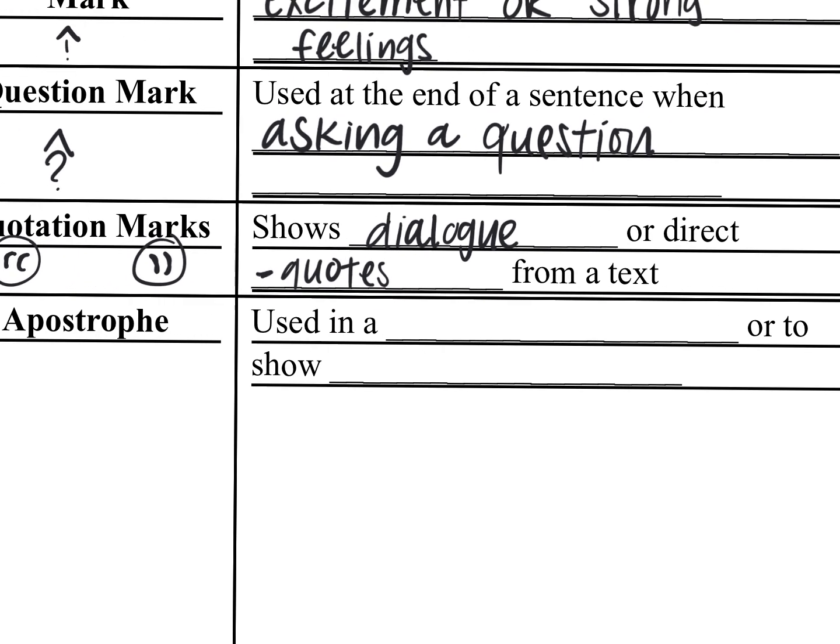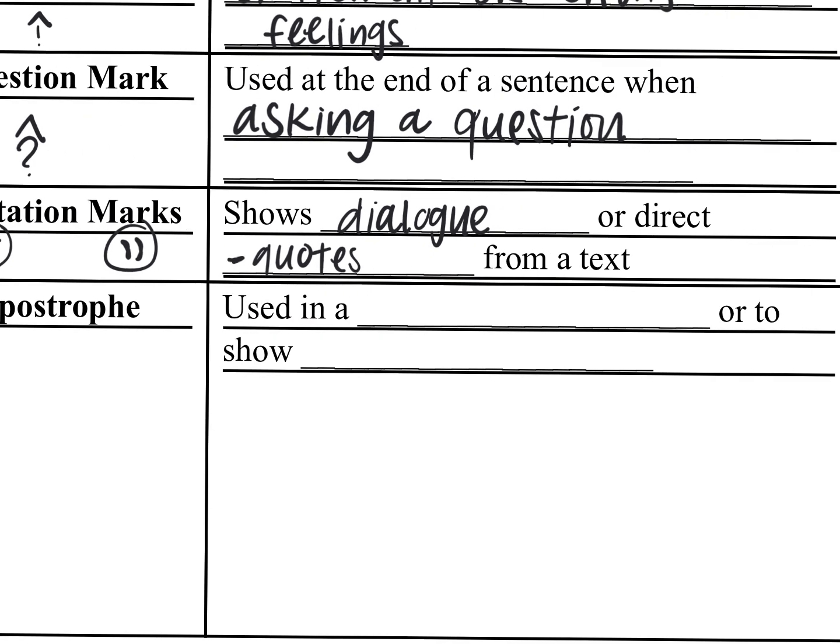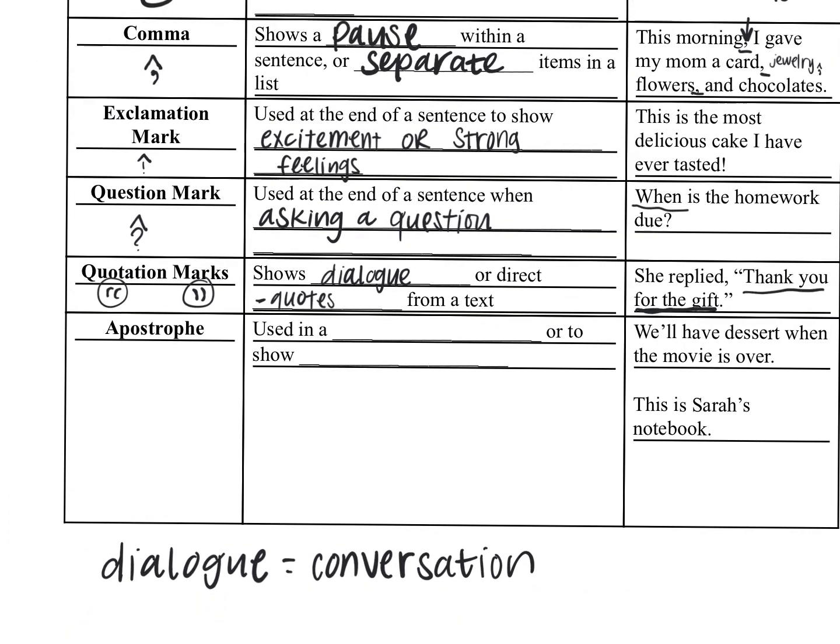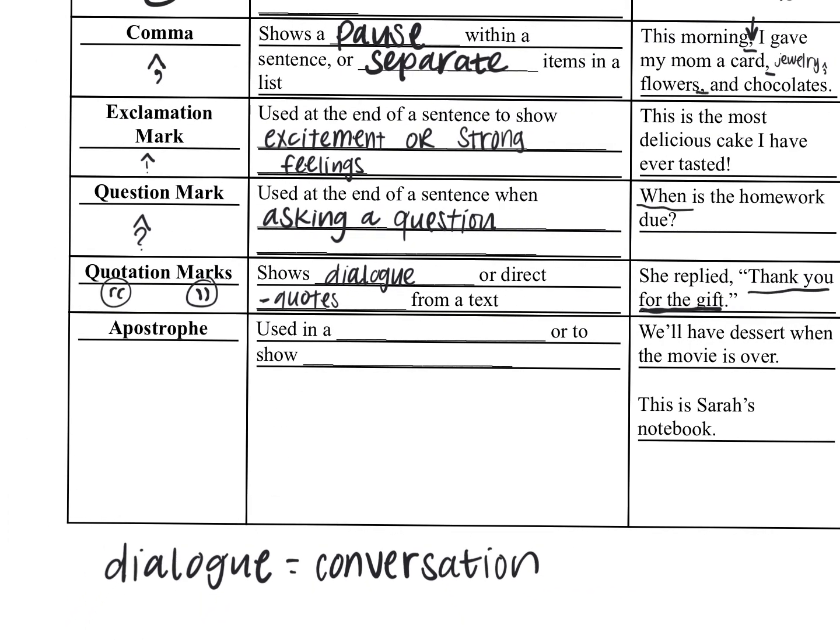Okay, and lastly, I can't get my screen to zoom out. Awesome. There we go. An apostrophe. We use those in contractions or when we are showing possession.